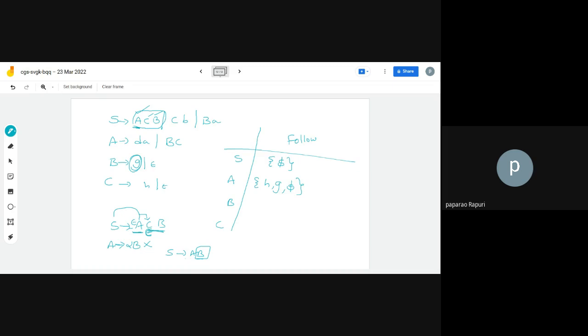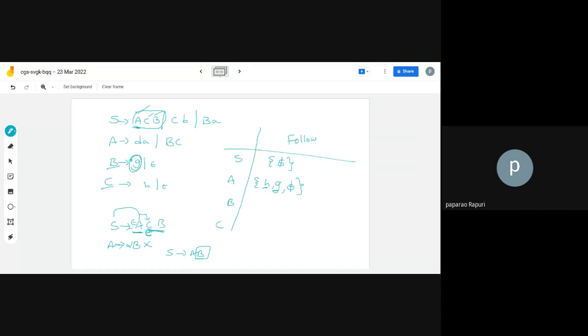First of C minus epsilon, first of B minus epsilon. First of B means g comma epsilon, first of C means h comma epsilon. After removing epsilon, I am having h, g, and the union of this one and follow of S, which means dollar. So finally follow of A is equal to h comma g comma dollar.